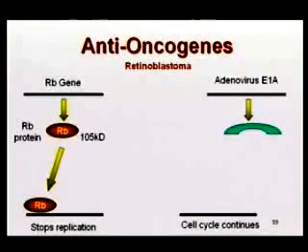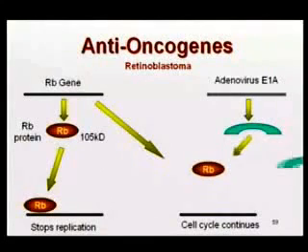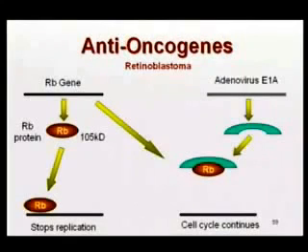When you look in an adenovirus-infected cell, or even a cell infected with just this E1A region, this oncogene of the adenovirus, what do you see? Well, what you see is that the RB protein is actually complexed with the E1A. And by doing that, the RB protein can't bind to the sites on the chromosomes where its job is to be done, and therefore the cell says, I've got the signal to divide, and it does.